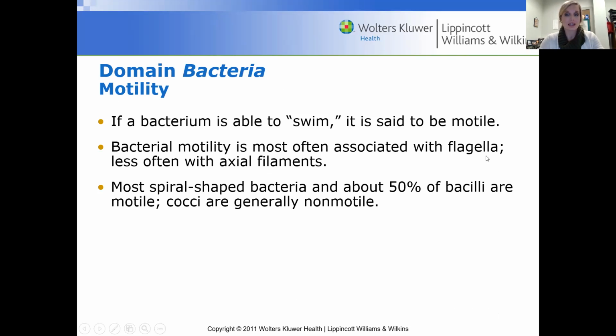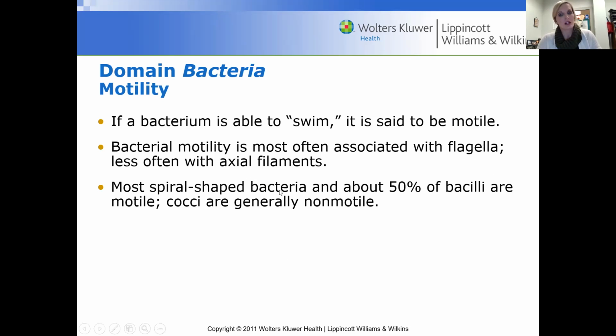That little tail in the picture is referred to as flagella. What the flagella does is it works very similar to how a sperm cell works. It kind of whips, and that's going to give it its ability to propel forward. So that term motile means its ability to swim, most often associated with flagella, which again is just a kind of tail.